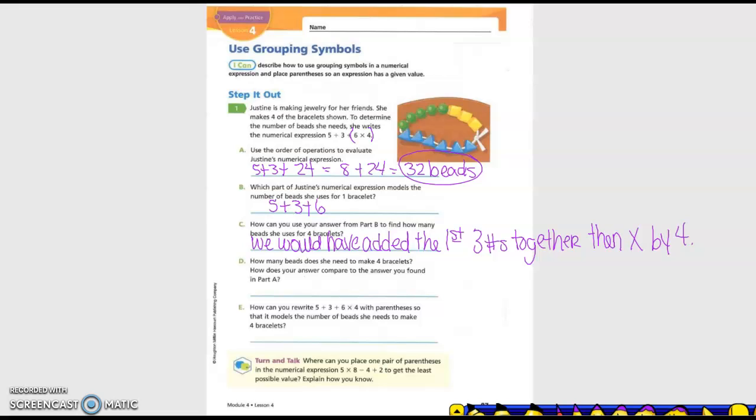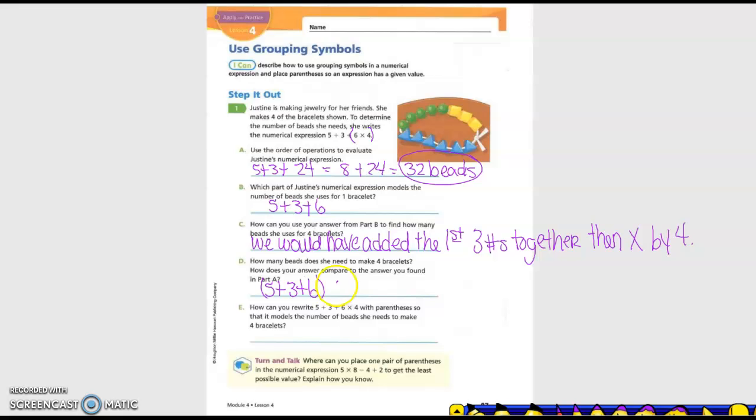How does your answer compare to the answer you found? So we did order of operations up here, right? Okay. What if we didn't do order of operations, but we did it this way? So 5 plus 3 plus 6. So we could go ahead and put that in parentheses, right? Okay.